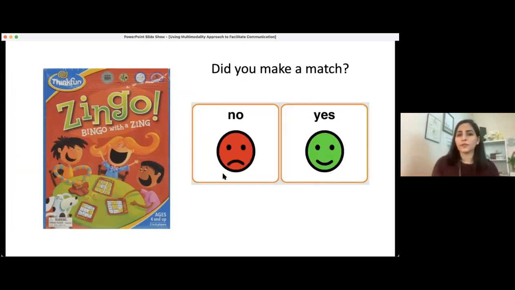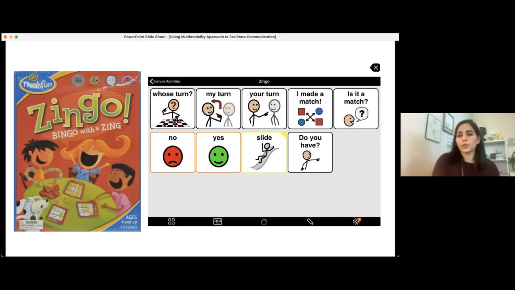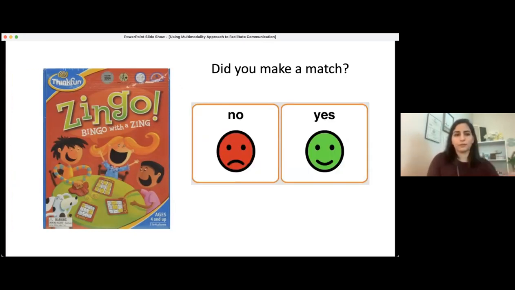I don't have to go through this whole thing, but the child is at a certain level. We do whose turn, my turn, your turn. I made a match. Is it a match? Yes and no. What do we do at our turn? We slide. Or do you have this certain chip?